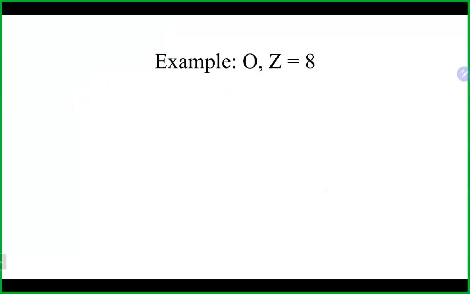So continuing on, we would end up with 1s2, 2s2, 2p4. Once again, at this point, we now have 6 electrons on the second energy level, 2 in the s orbital and 4 in the p orbital, and still 2 on the first, which is, again, the maximum you can put in there.